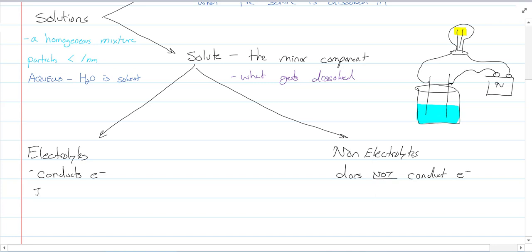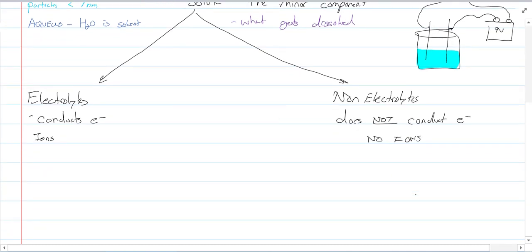Now we know electrolytes, nowadays we have ions versus no ions. So the non-electrolytes will be our molecules. So let me write that down here in green. So our molecules, our atoms, our solids, our liquids, our gases.